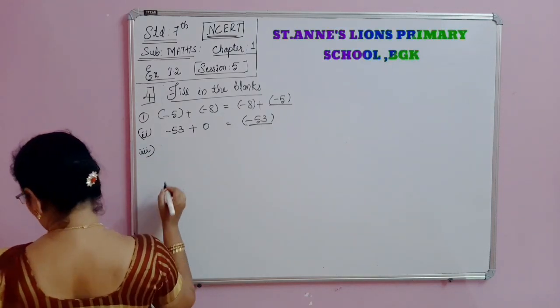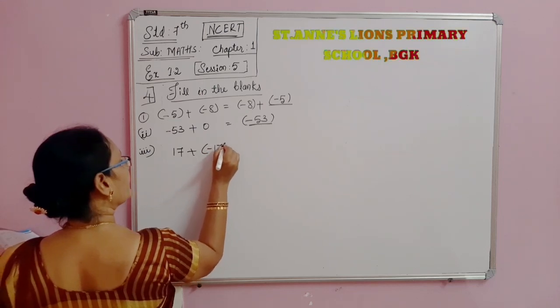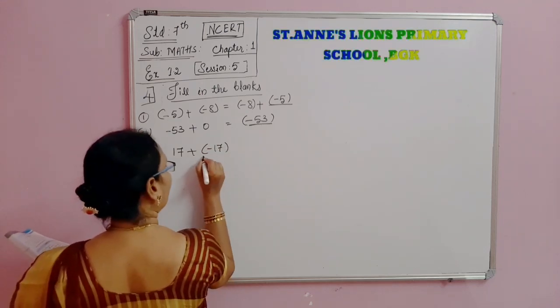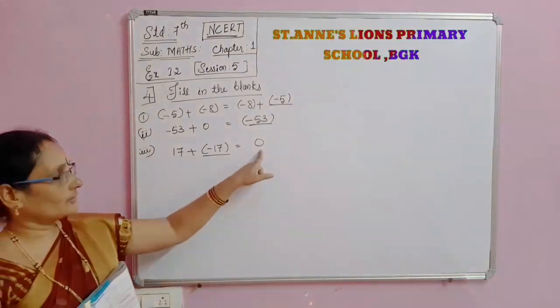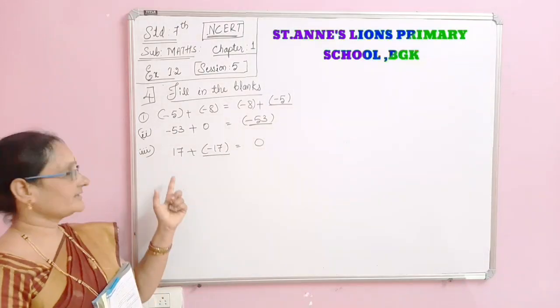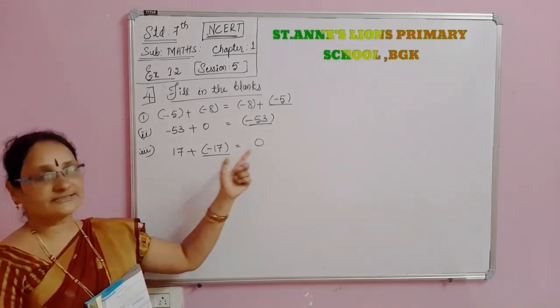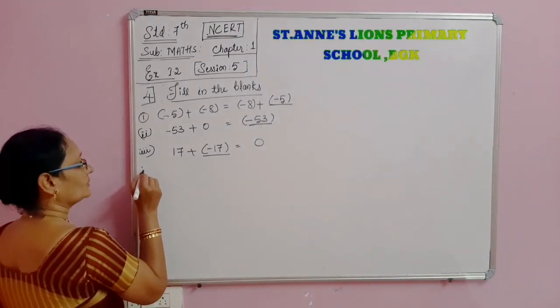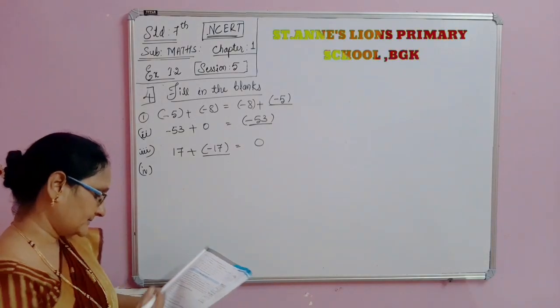Next, 17 plus here minus 17 will come. Why? Because the sum is 0. To make the sum 0, we have to add the additive inverse of the given number. 17, its additive inverse is minus 17. 17 minus 17 is 0. So like this you have to apply the properties and fill the blank.